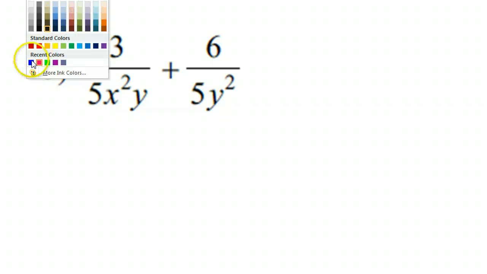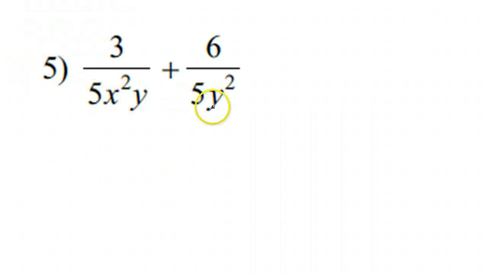So, let's go again. They both have a 5, so I don't need to mess with that. This side has an x squared, this side doesn't, so x squared, top and bottom. This side has a y, and this side has y squared, so I need to multiply by another y to make it y squared.